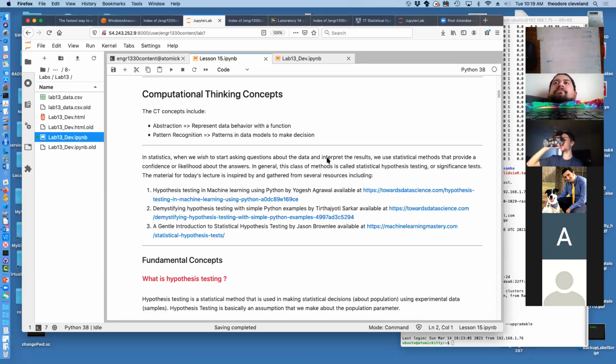In statistics, when we want to start asking questions about the data and interpreting results, we should get onto our motorcycle and drive away as fast as possible, or use statistical methods that can provide us with a confidence or likelihood about the answers. And in this context, confidence or likelihood is not necessarily the same confidence or likelihood that we deal with in day-to-day life.